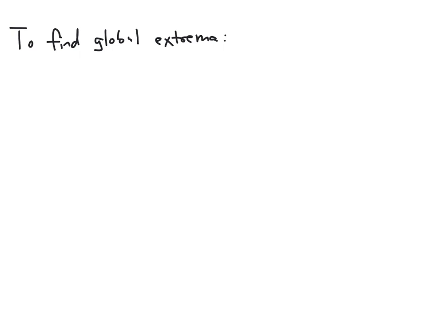And because you knew there was a maximum and a minimum on that closed interval from the extreme value theorem, you knew that whichever function value was the largest had to be the global maximum of the function, and whichever function value was the smallest had to be the global minimum. And so the exact same process works here. So what we're going to do is first find the critical points in the interior of the region.